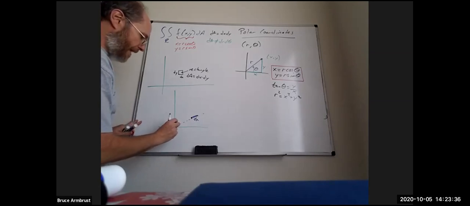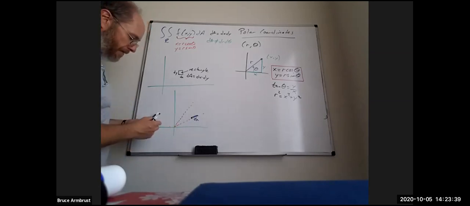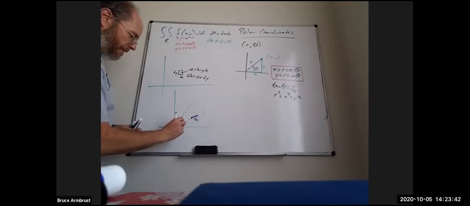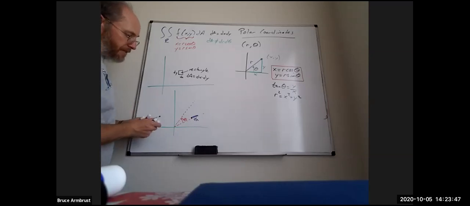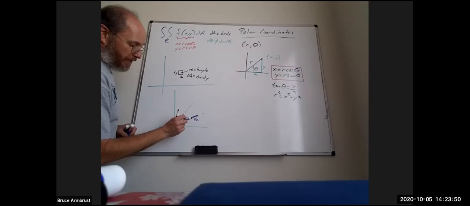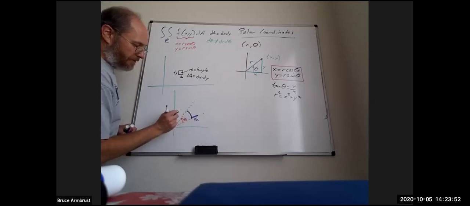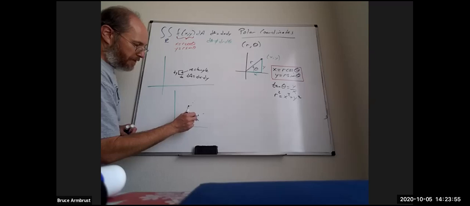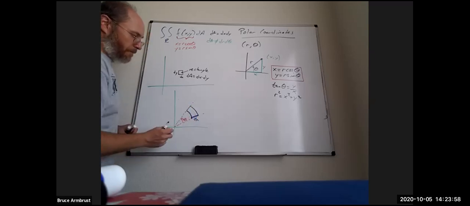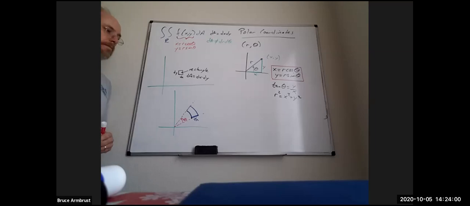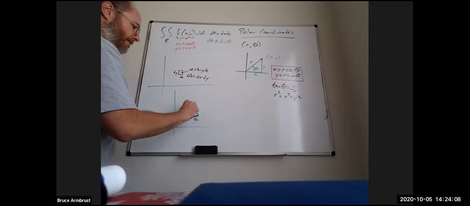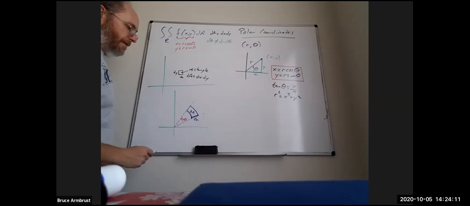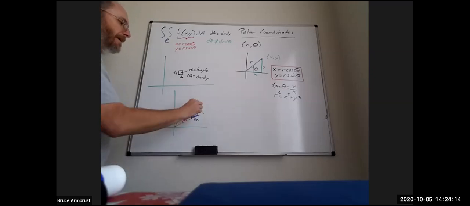I'm going to exaggerate this a bit so we can see it better. But there's my d theta. So think about what this does to this region. This point right here gets swept along that angle, and so too does this one that's out further. So notice now, this is our dA. But it's not a rectangle.